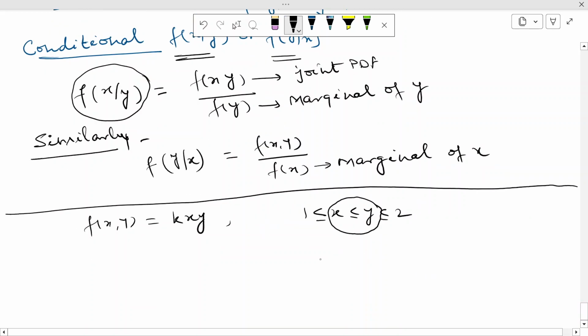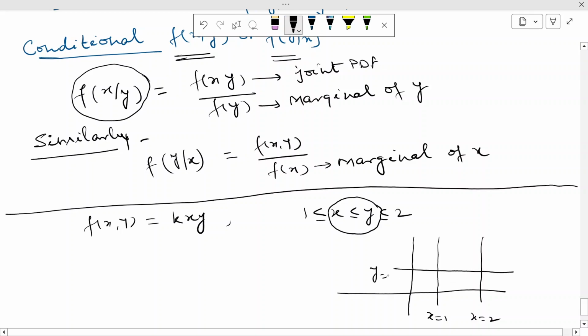So again let us make a diagram here so that we can clearly understand the use of limits. We are given the domain as x and y both varying from 1 to 2. So we have x equals 1, x equals 2, and y equals 1 and y equals 2.